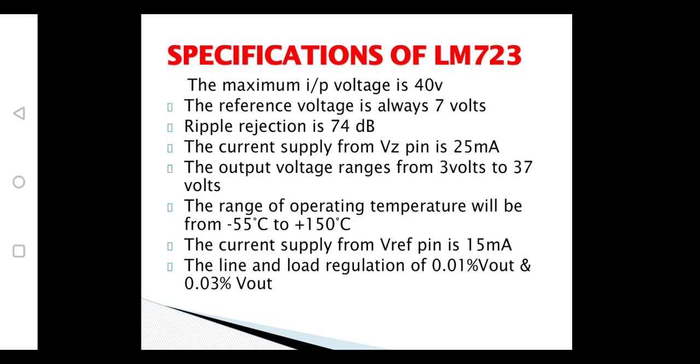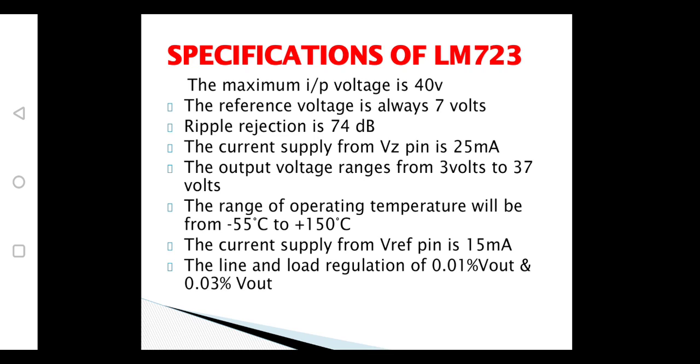The ripple rejection, that is, how much ability a voltage regulator has to remove the unwanted voltages, is called ripple rejection. The value of this ripple rejection is 74 decibels, and the maximum supply current which can be used with this 723 is 25 milliamperes.